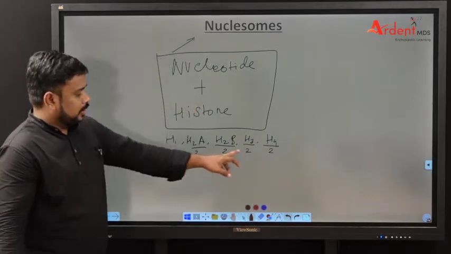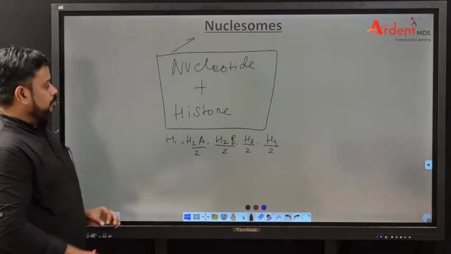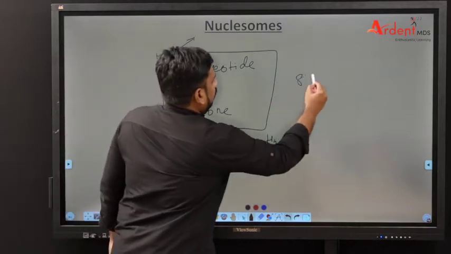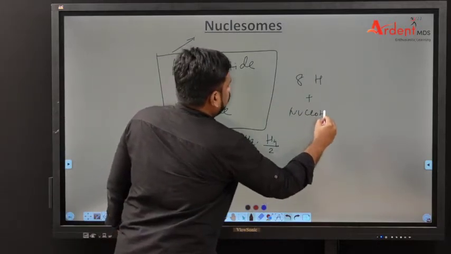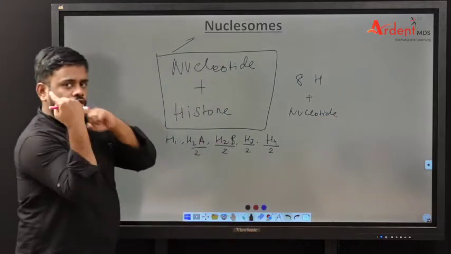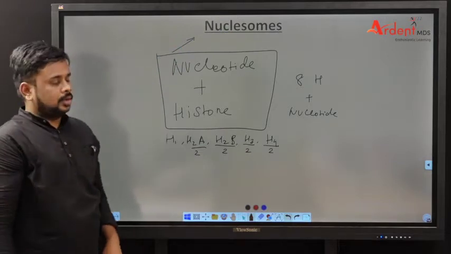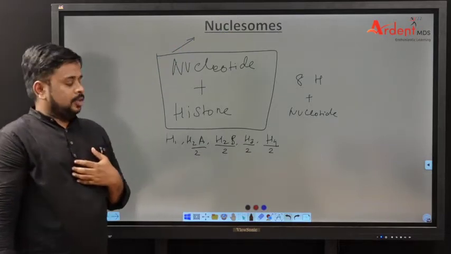So all together 8. So 8 molecules of histone except H1, plus the DNA which coils with them, makes the nucleosome. Clear? So H1 does not participate here.